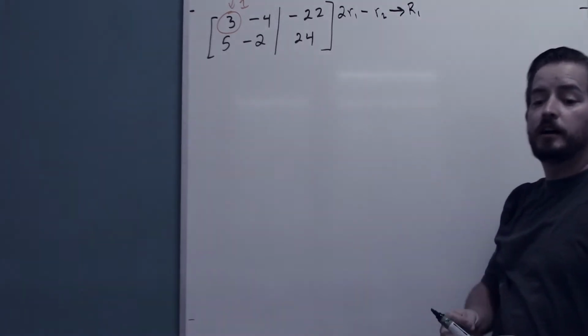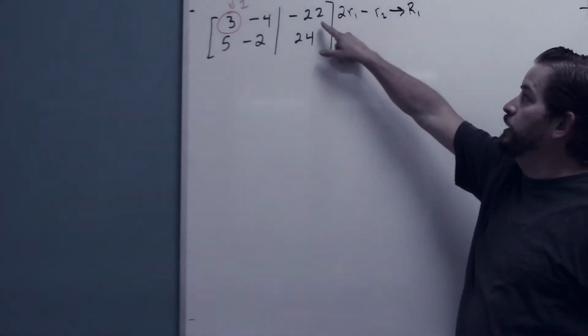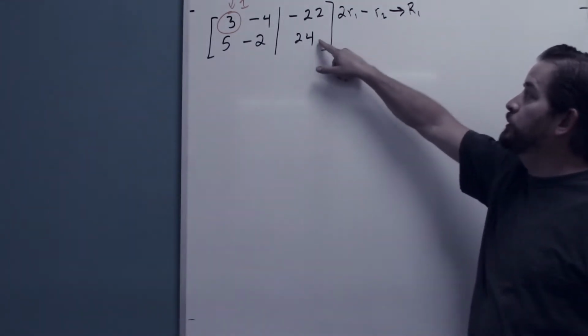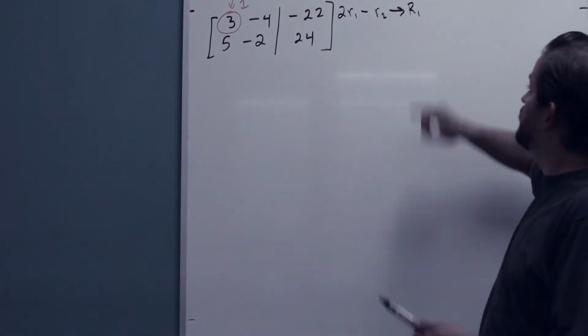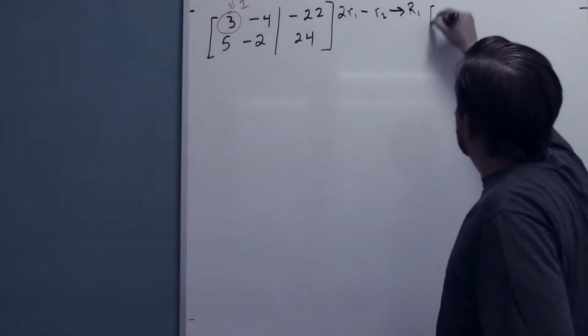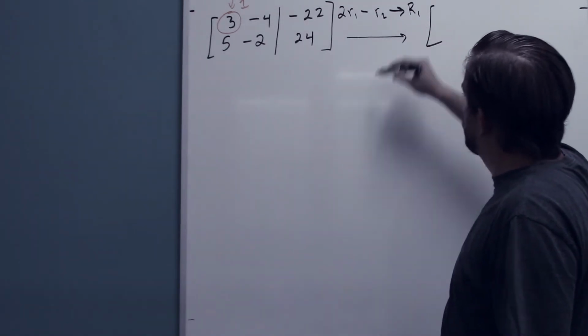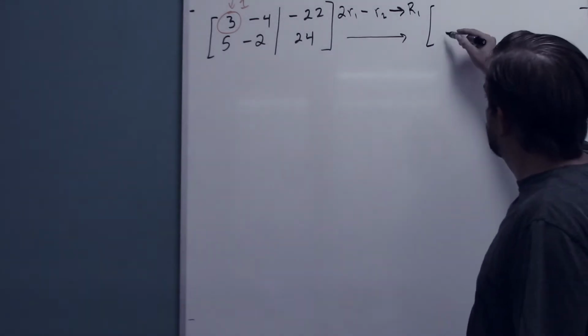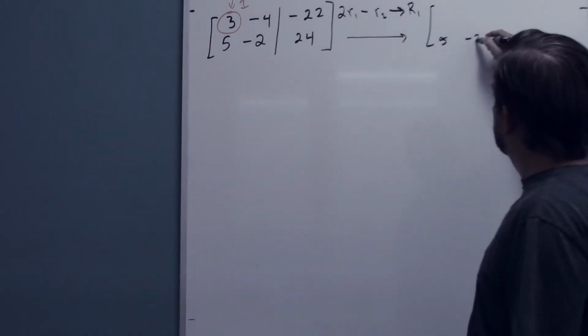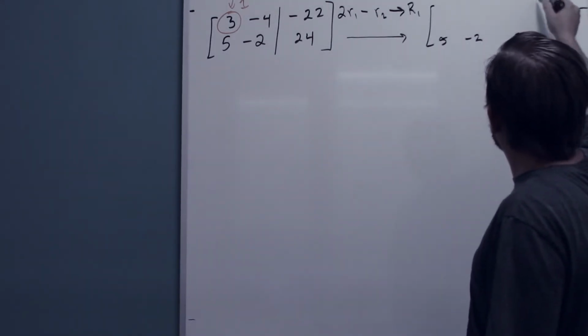So again, little r1 is my row 1, little r2 is my row 2, big R1 is my new row that I'm going to create in this maneuver. And I'm not going to touch my bottom row in this first step. So I can write in my bottom row 5, -2, 24.